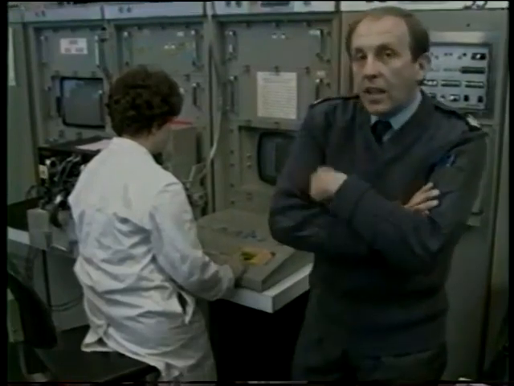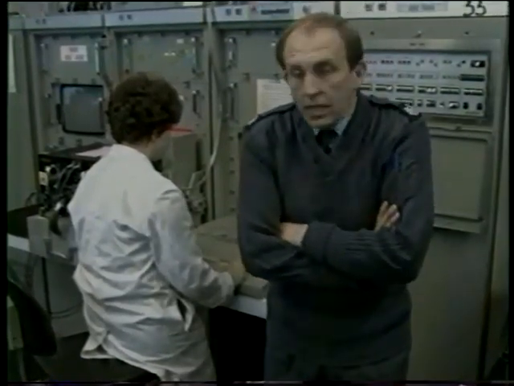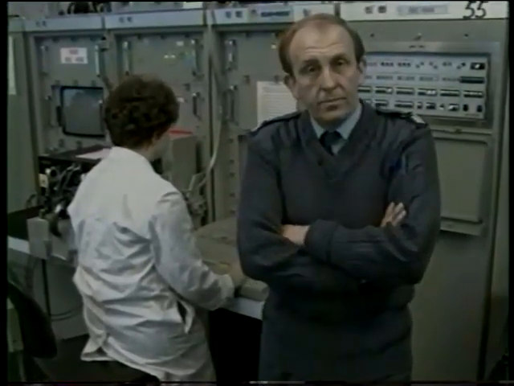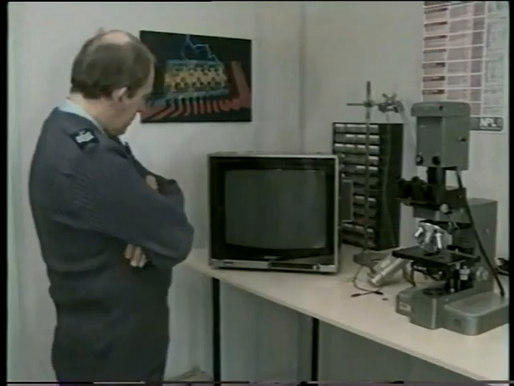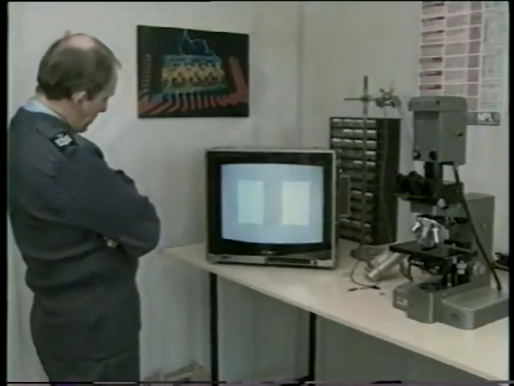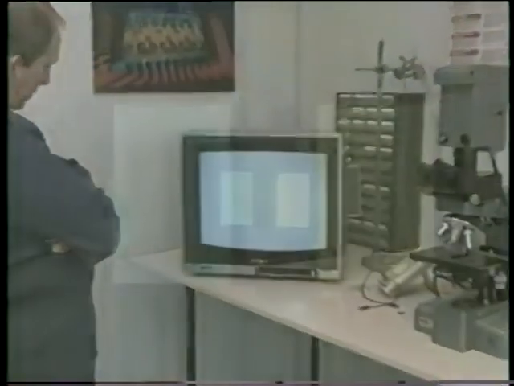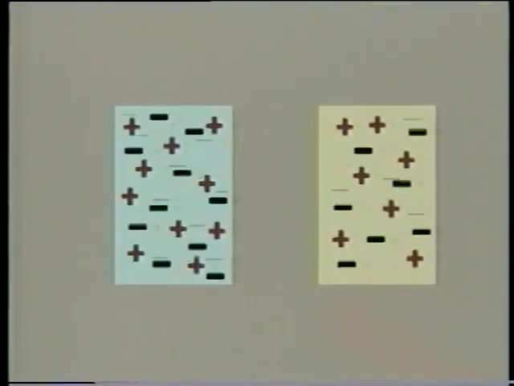I can understand that too much current can blow a circuit, but where does the current come from? Come with me. Watch that screen. All materials contain electrons which are negatively charged, and an equal amount of positive charge which makes the material electrically neutral.